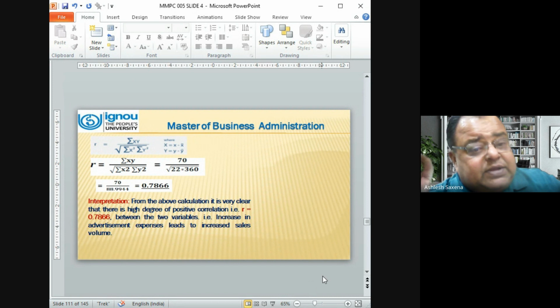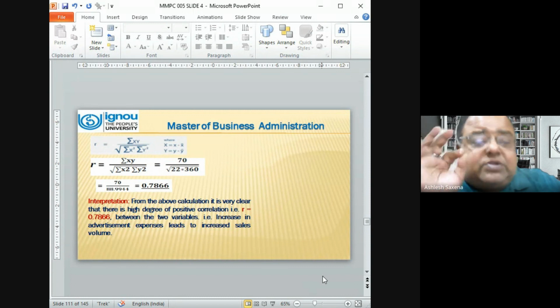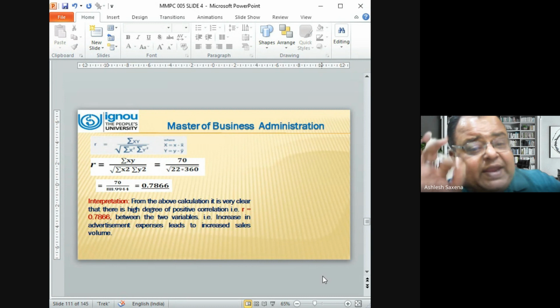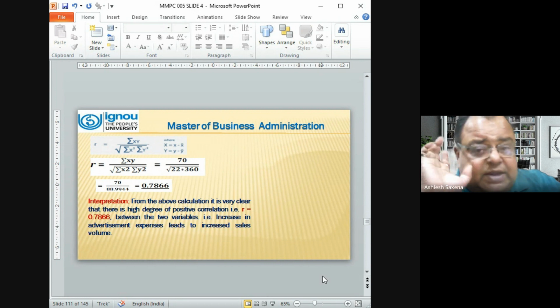That means 70 upon the square root of the product of 22 and 360. After solving, you will get a value of 0.7866. You can take two values after the decimal. That means it becomes 0.78.